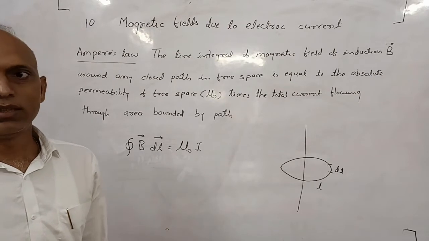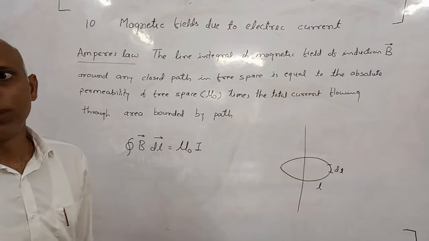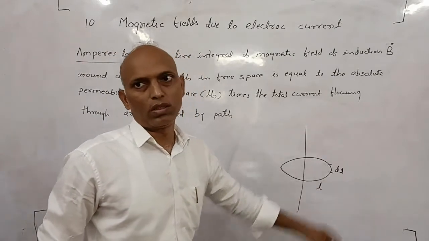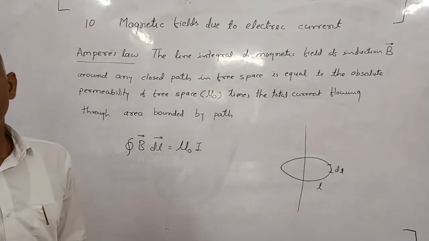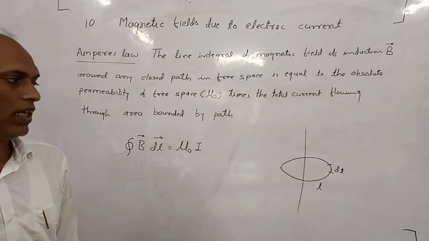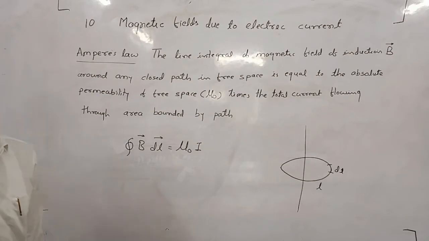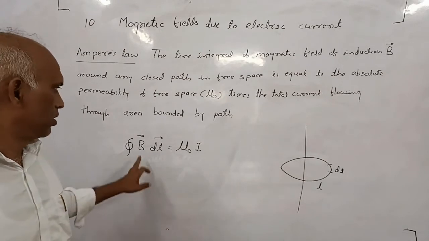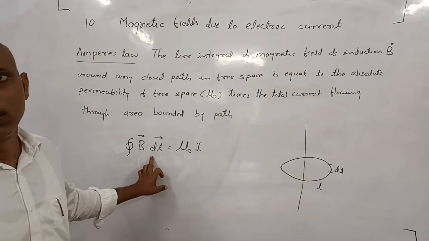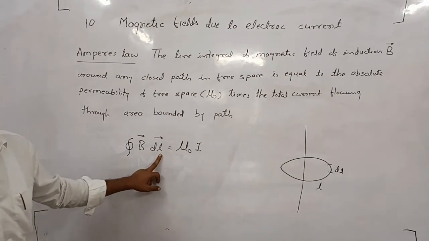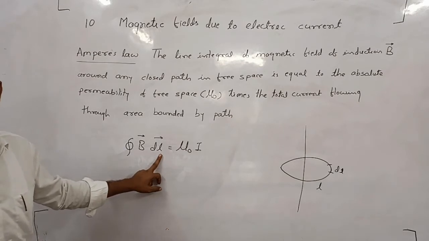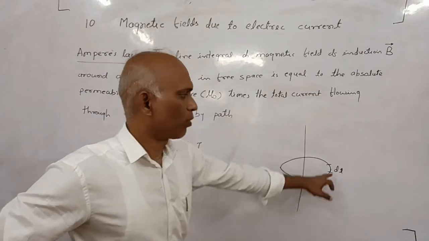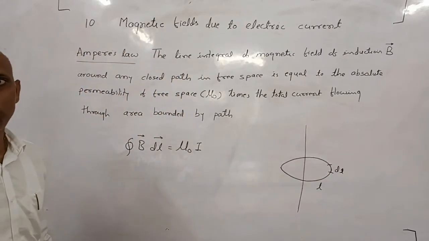Further, we imagine the loop to be made up of a large number of small elements, each of length dl. Then we determine the scalar product of B, the strength of the magnetic field, and the length of the element dl for each element, and add all these elements around the loop.